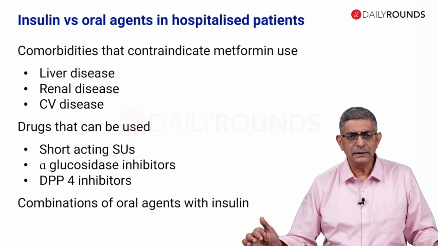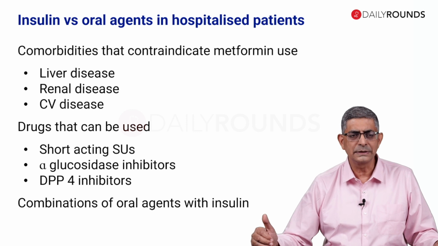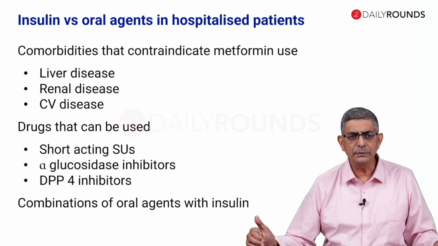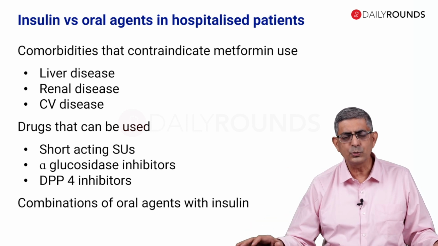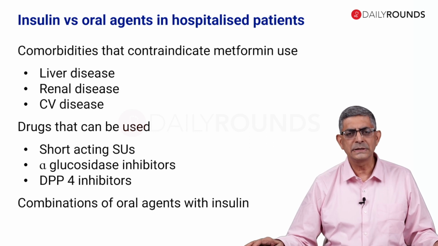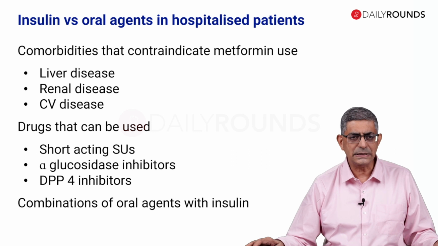One thing is very clear: for patients who come for a longer stay in the hospital, there is very limited role for oral agents. The majority of our patients will be on insulin therapy because there are various reasons why oral agents would probably not be acceptable when the patients are in for some acute problem. We know that metformin is contraindicated in liver disease, renal disease, and advanced cardiovascular disease.